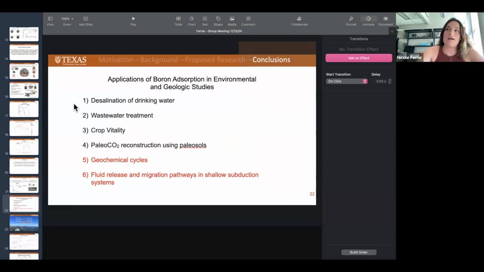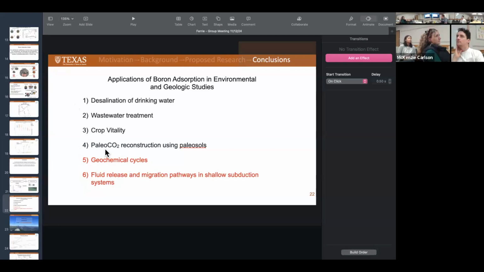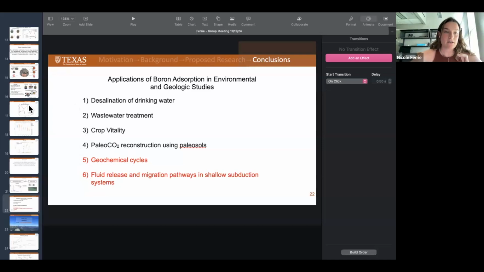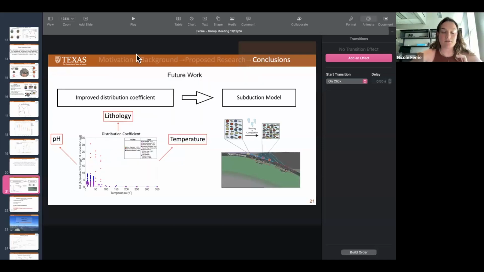So yeah, that is a great question. And if I had more time, I definitely would want to apply it to wastewater treatment or desalination. But really what my focus is right now for my PhD is this paleo CO2 reconstruction, and then the fluid release and migration pathways, as well as the geochemical cycles. That being said, there's the first aspect, which is the improved distribution coefficient, and the improved distribution coefficient is what you can apply to all of those other things that I listed.